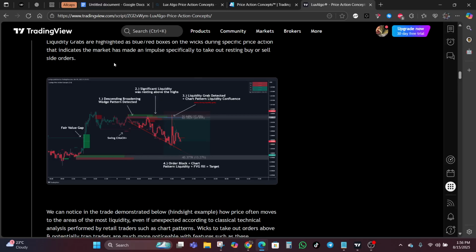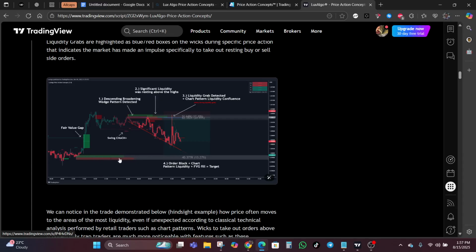So you can see that using this indicator, considering all these annotations, the indicator makes trading smart money concepts pretty easy. It looks quite simple because of the features of the indicator. Maybe in a situation where you have a fair value gap, the indicator highlights an important zone for you, a significant liquidity area, like you can see here.